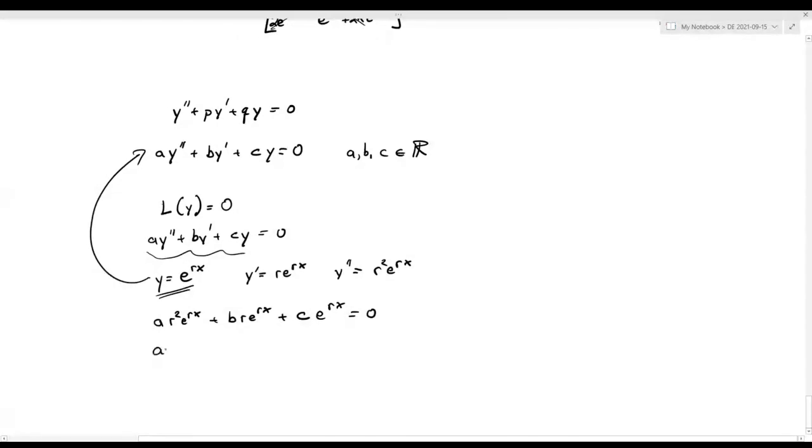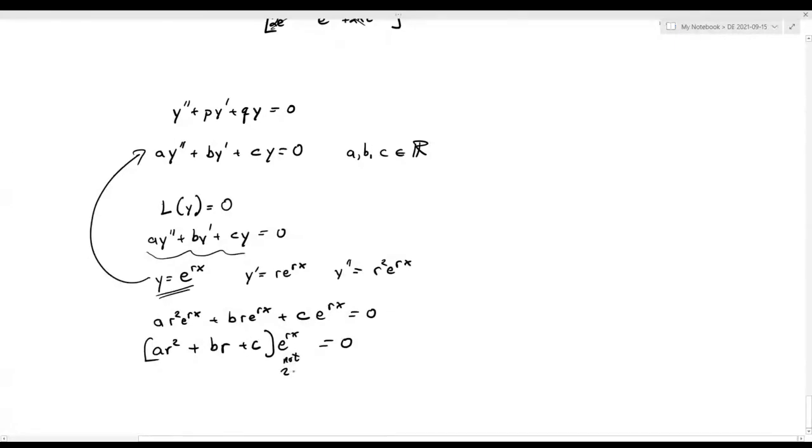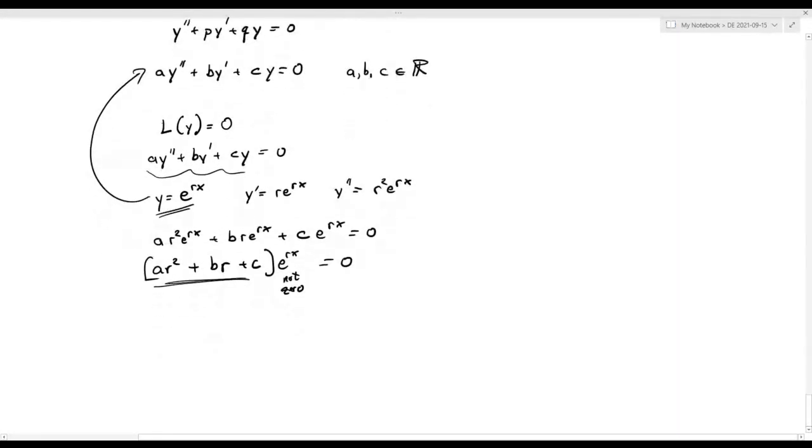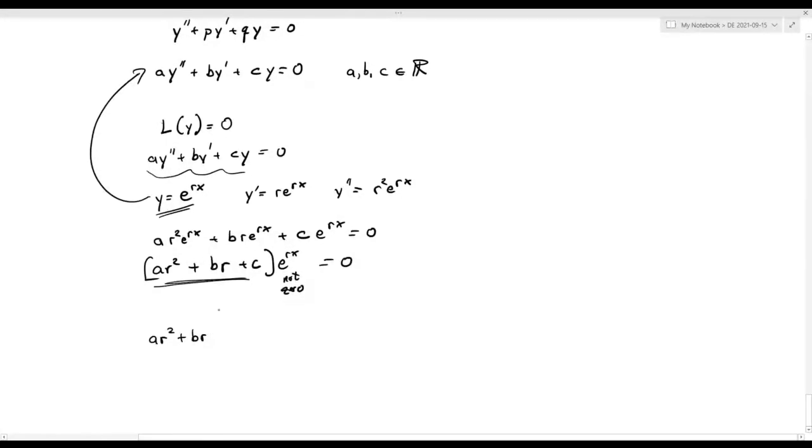So now notice that we have this e to the rx as a common factor, and it's never 0. So not 0, right? So this has to be 0. And so that's called the characteristic equation for the differential equation.